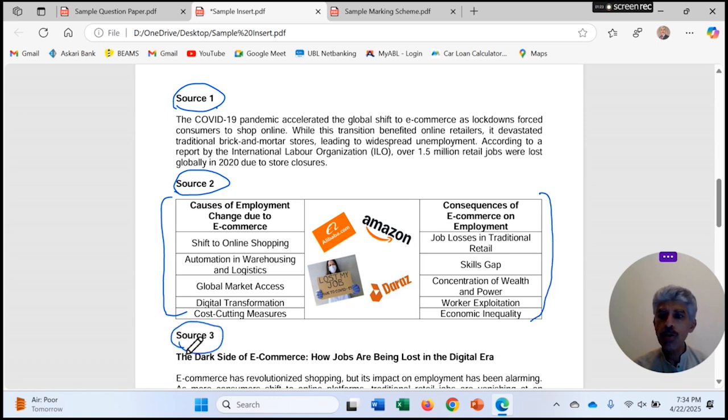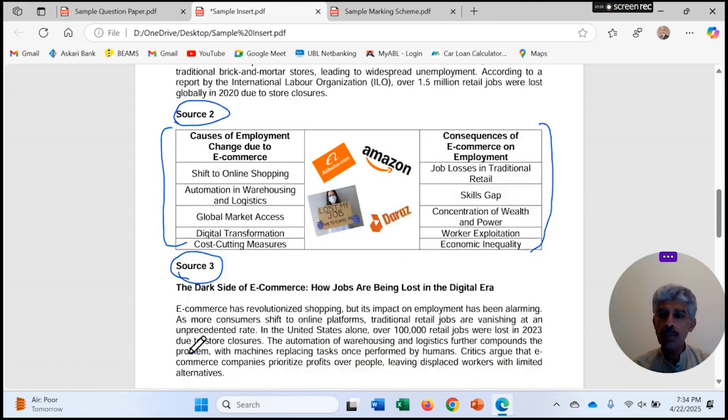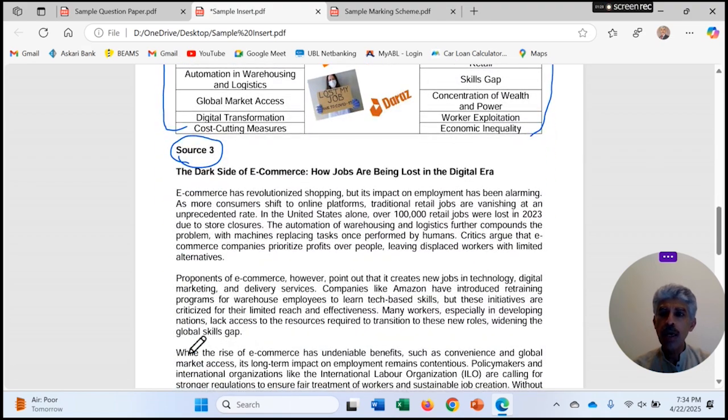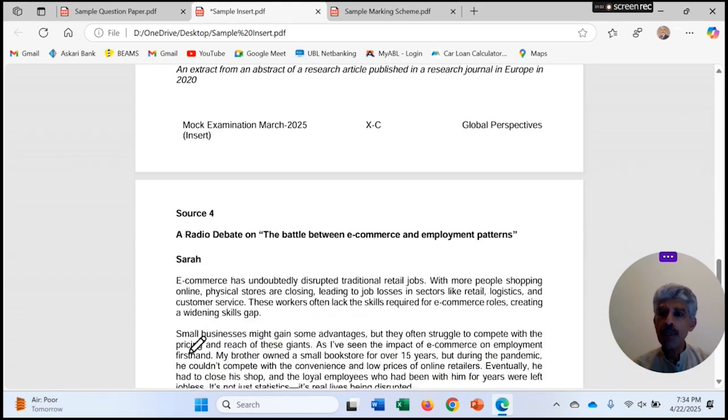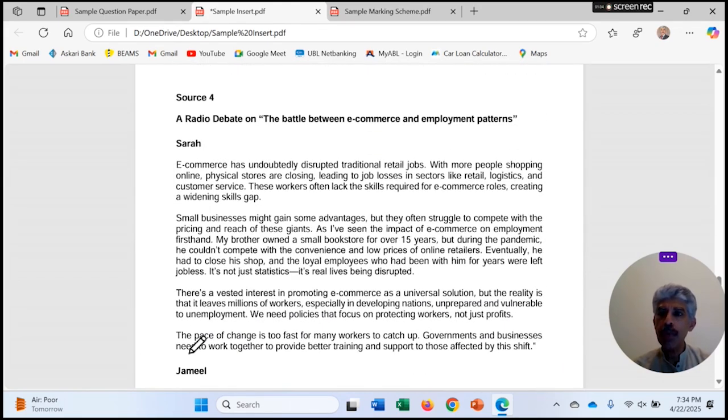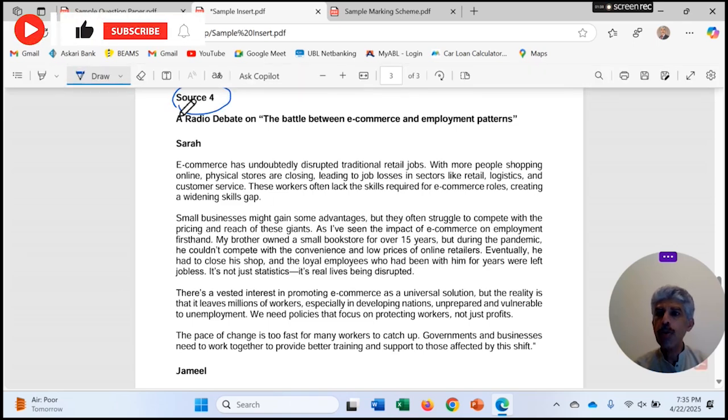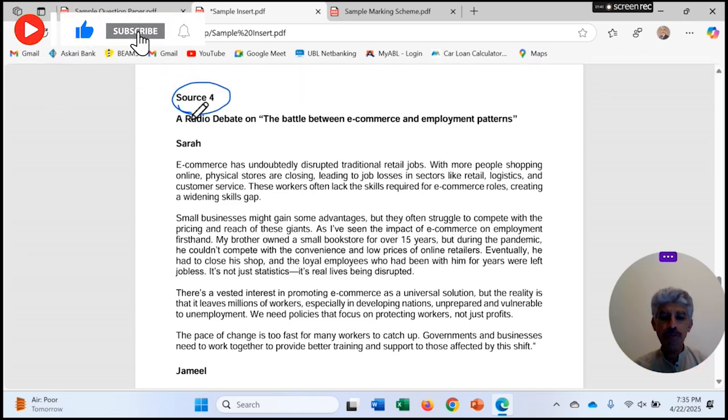Here we have source number 3, a paragraph, a sort of extract on that particular topic, and here we have source number 4 that contains a debate, or you can say the perspectives of 2 different people on that topic.